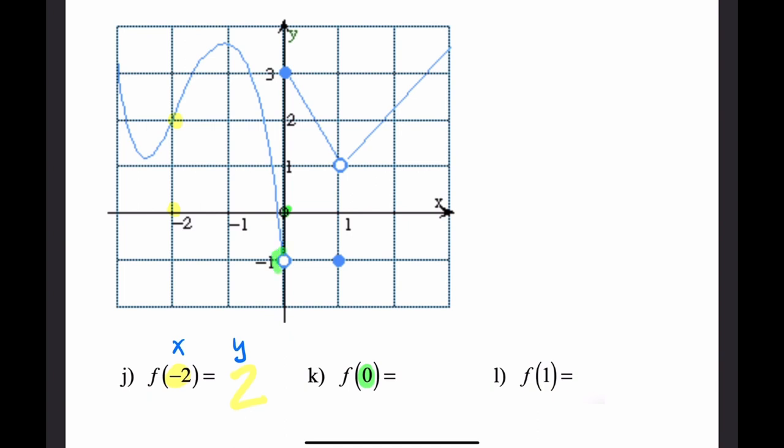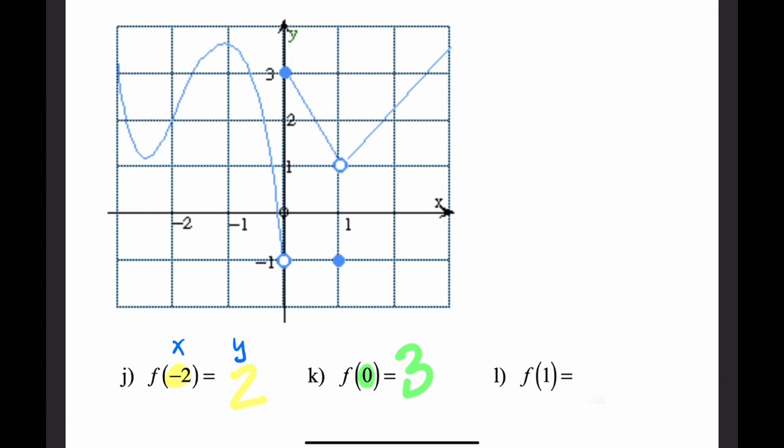We know this is a hole because it's an open circle, and this is the actual point because it's a closed circle. So the value at 0 is going to be 3 because this one is a hole. So I'm not going to be evaluating the function at a hole, right?